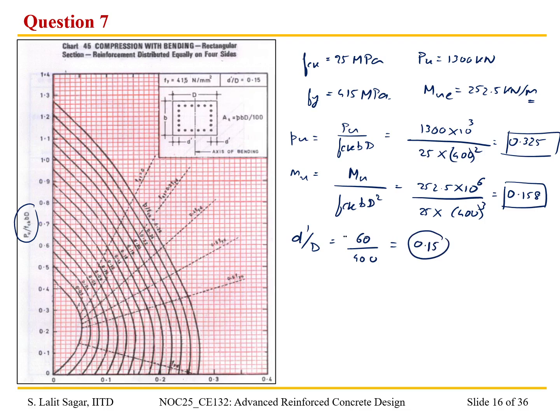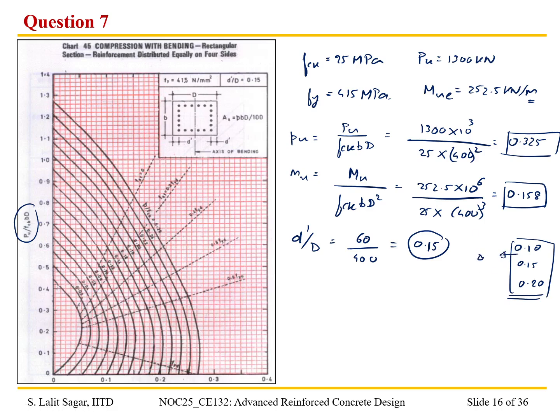Whenever this value of d prime by d falls between these values, basically we have charts corresponding to d prime by d of, let's say, 0.10, 0.15, and 0.2, and so on. So whenever d prime by d falls between these values, to obtain accurate values we need to perform interpolation.